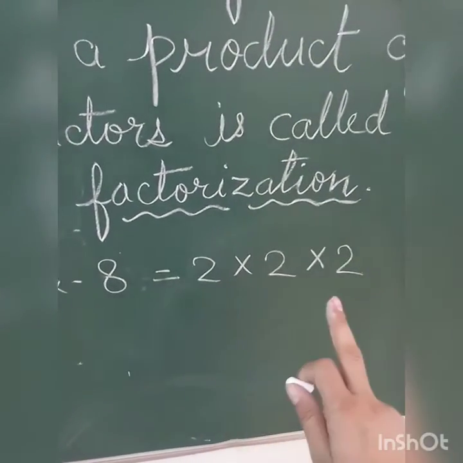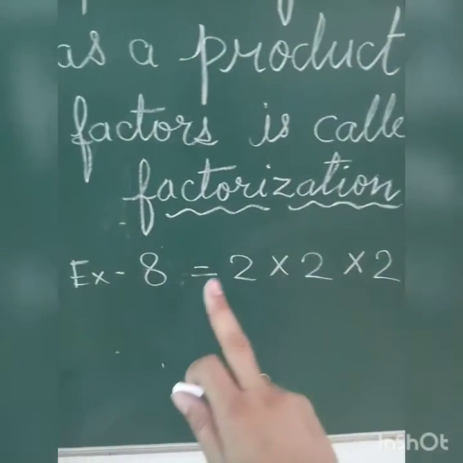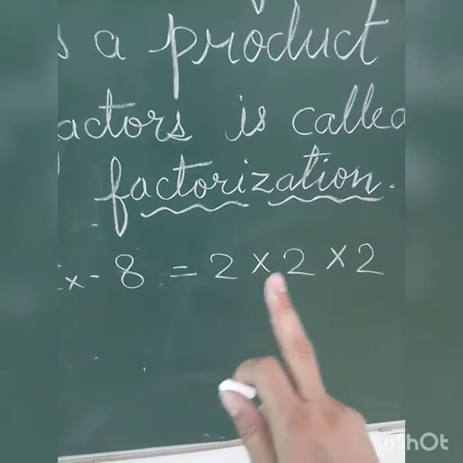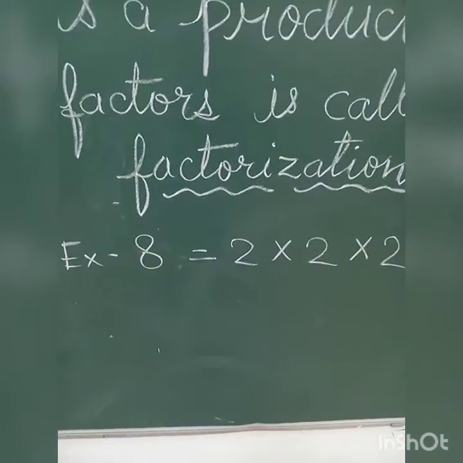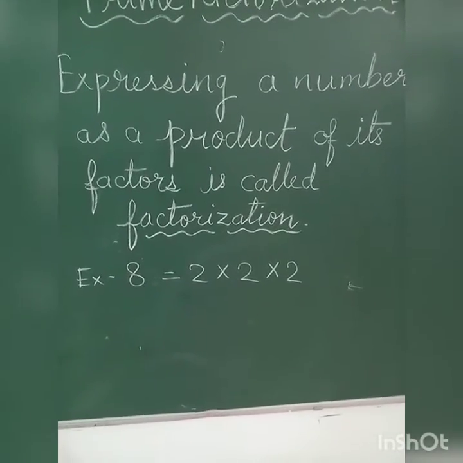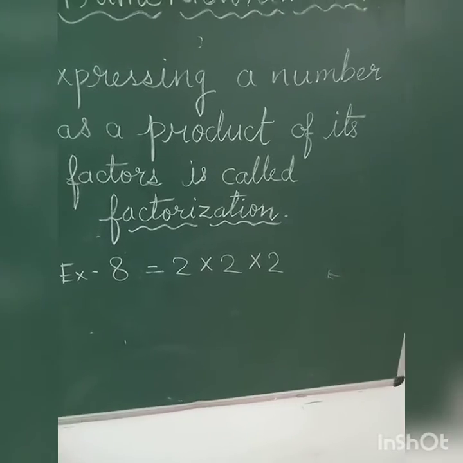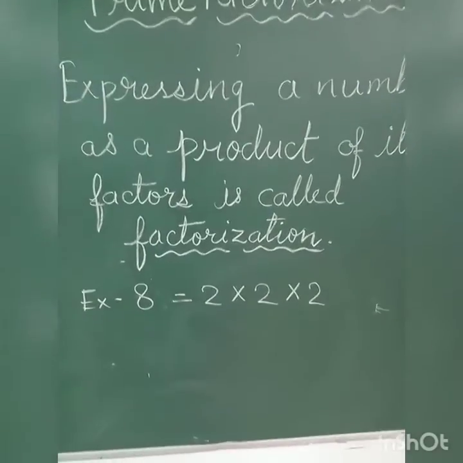So these three 2s, when multiplied, give number 8. That means 2 is a factor of 8, three times. So I expressed number 8 as a product of its factors. This process is called factorization.